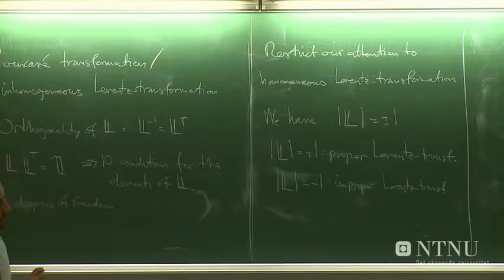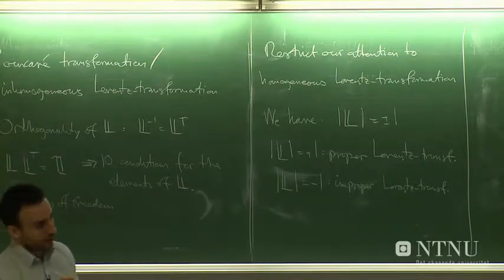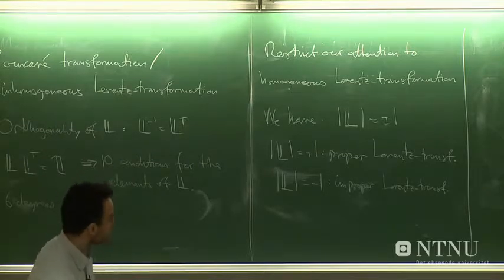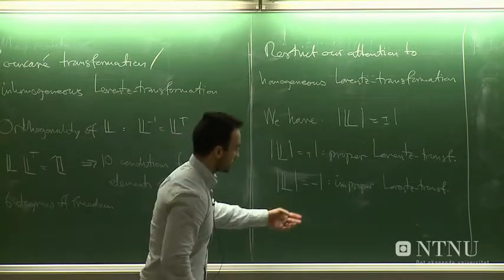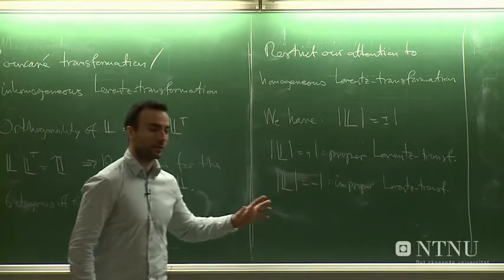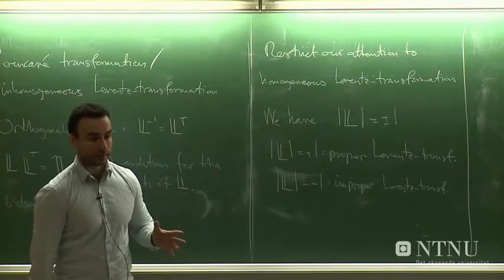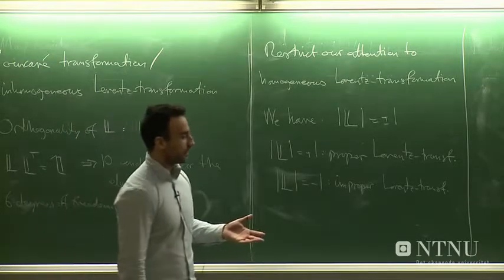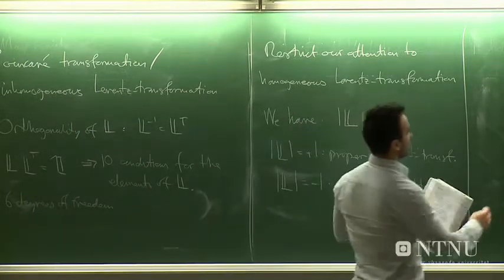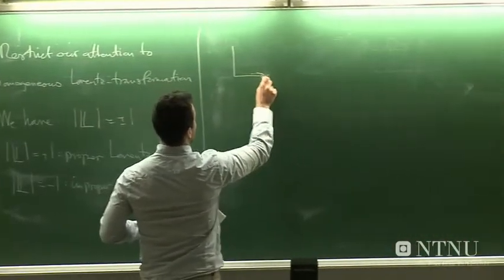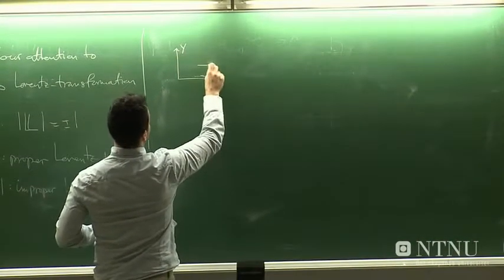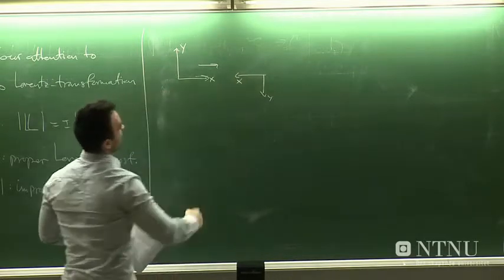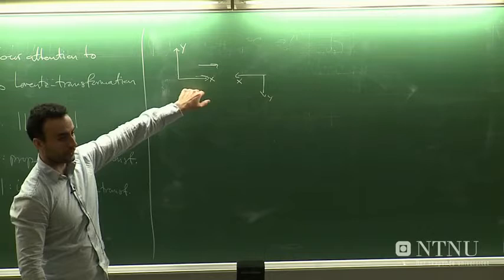If you remember, we argued that in the case of three-dimensional rotation, we could obtain this minus sign only for unphysical rotations, like impossible rotations. We used an example, I think something like this, where I transformed this coordinate system to this one.